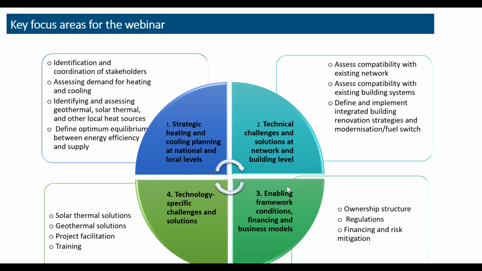And this part will focus on the mapping and assessment of the renewable energy resources that are available within the local authorities and within the national authority jurisdictions, and also how to match these sources with the demand for heating and cooling. And this was the focus of our first webinar.